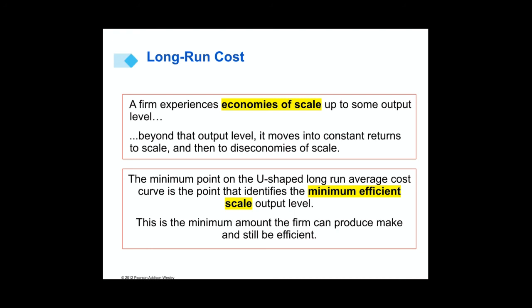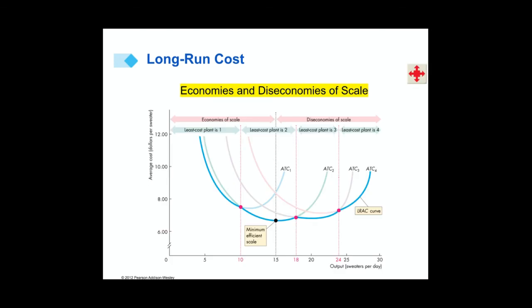And the minimum point on this U-shaped curve, this long-run average cost curve, is considered the minimum efficient scale. That's the smallest amount the firm can produce and still be efficient. And we see on our long-run cost curve, our planning curve, that the minimally efficient scale is 15 units.